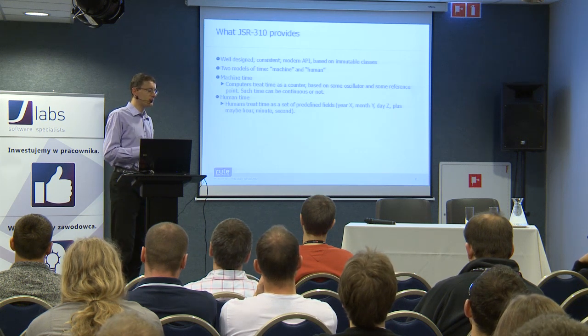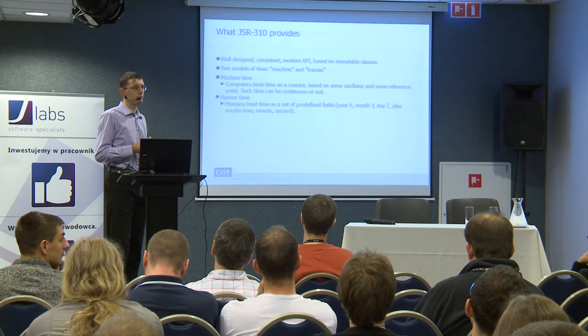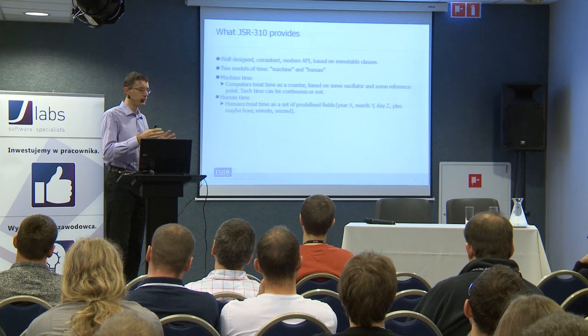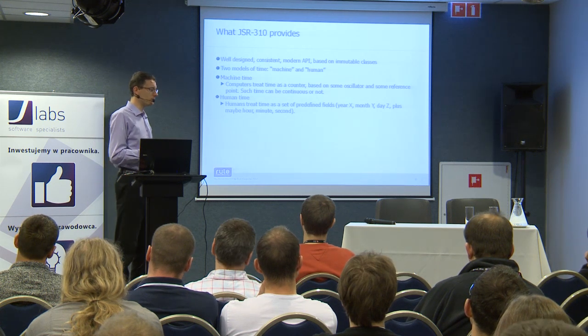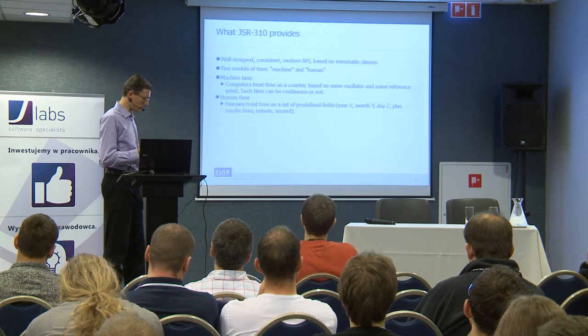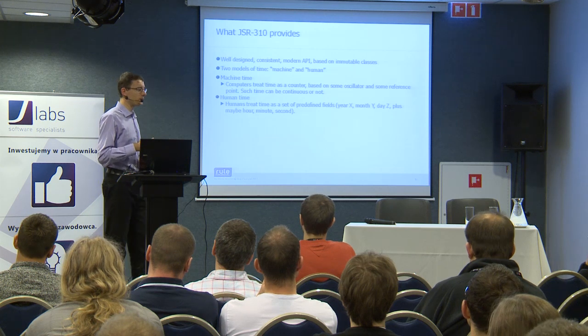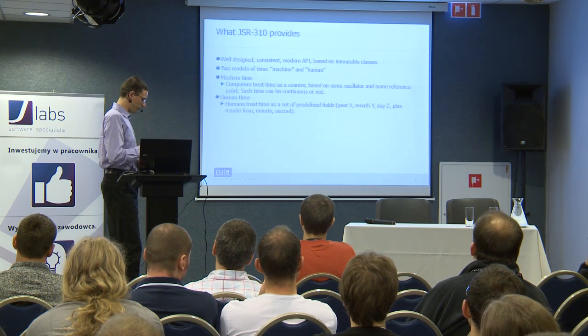The API is really clear, consistent, and in most cases you don't even need to read the Javadocs. The names of the methods are really nice and self-describing. So yeah, a really nice modern API. However, a little bit bigger, definitely bigger than java.util.Date and java.util.Calendar. You will see it soon.